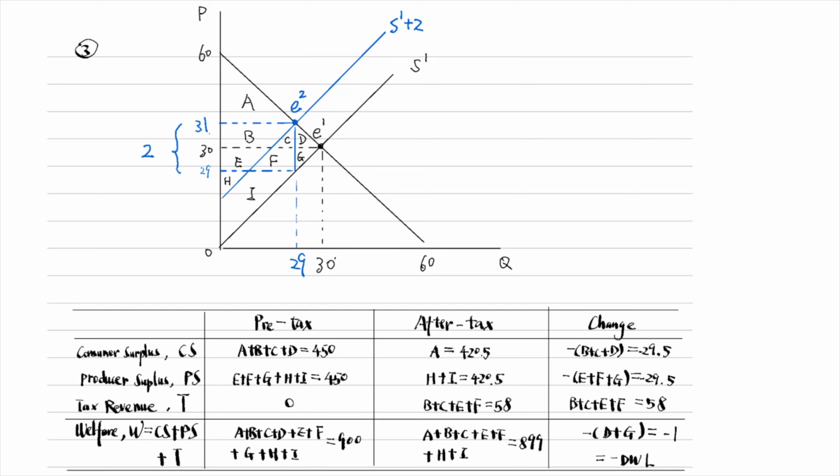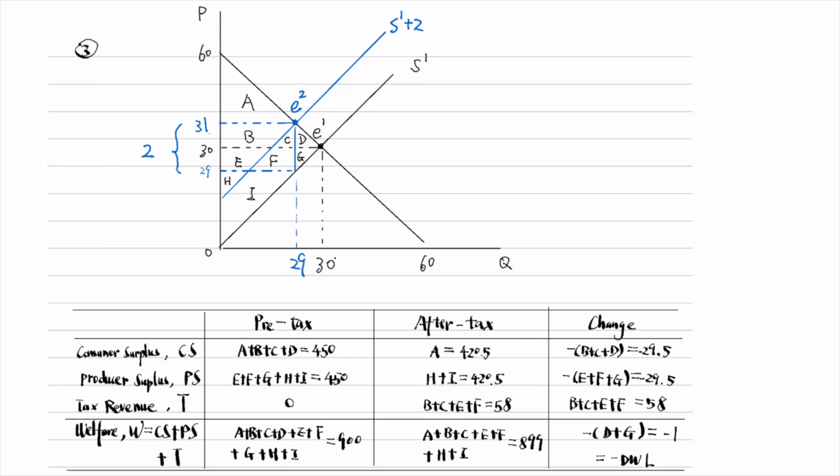The producer's marginal cost is unchanged, and therefore its supply curve is still S1, but it receives the price of 29. So the producer surplus is the triangle area of H plus I.